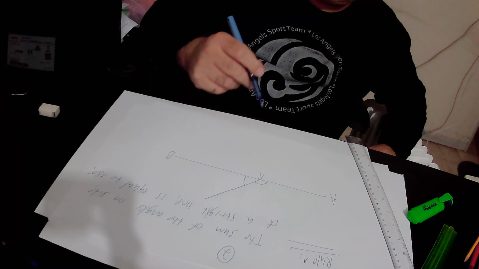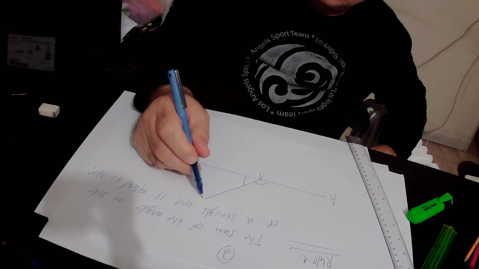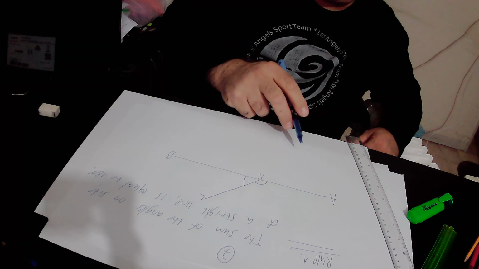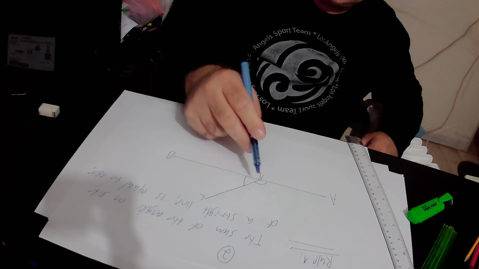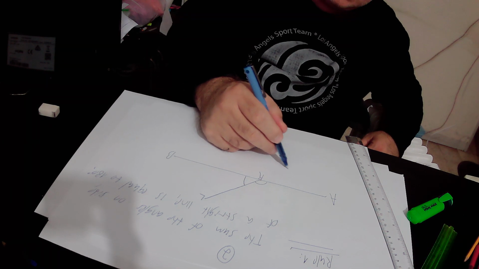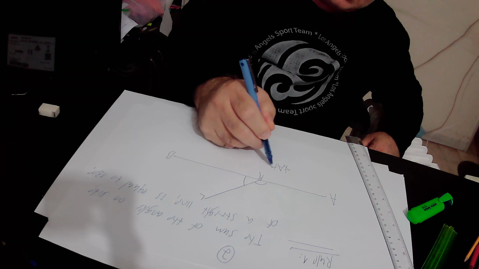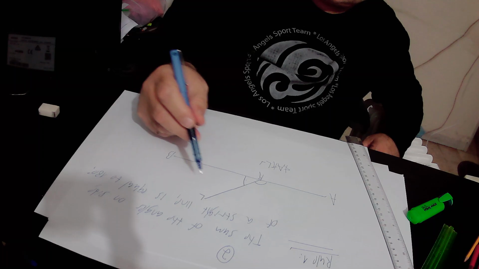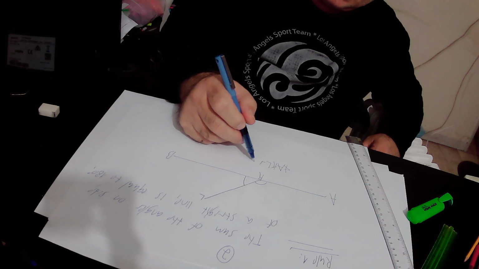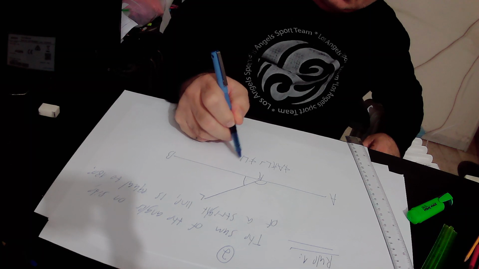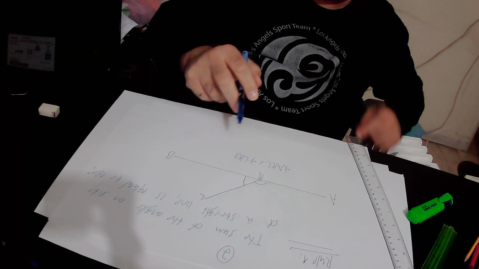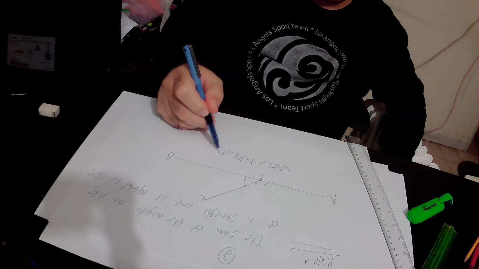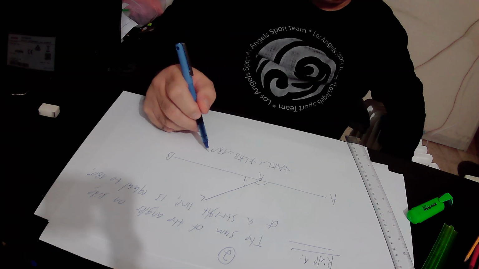Okay, so this point is point L. That is to say, angle AKL, this angle, plus this angle, that is actually angle LKB, the sum of those two angles in total must be equal to 180 degrees, according to this rule, rule number 1.